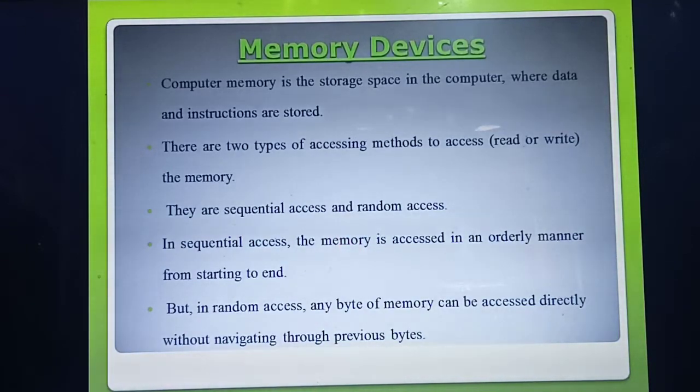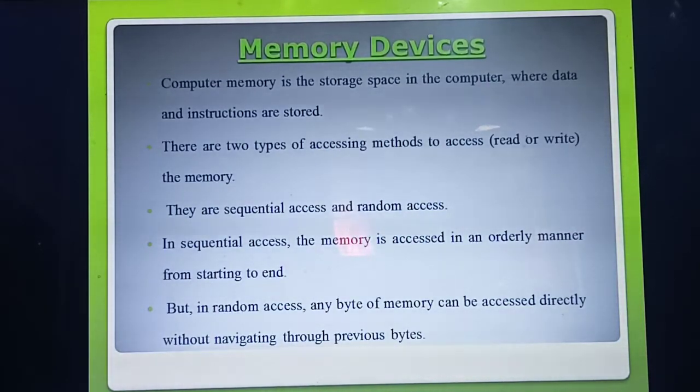Next time you store another file. That is rewritable: you can store, delete as you wish, and store again. But with a normal CD, once you have written, you cannot delete that file. Whatever you have written on the CD will be there; you cannot rewrite it. That's the difference between a normal CD and a rewritable CD. In the same way, computer memory also has two types, read or write.